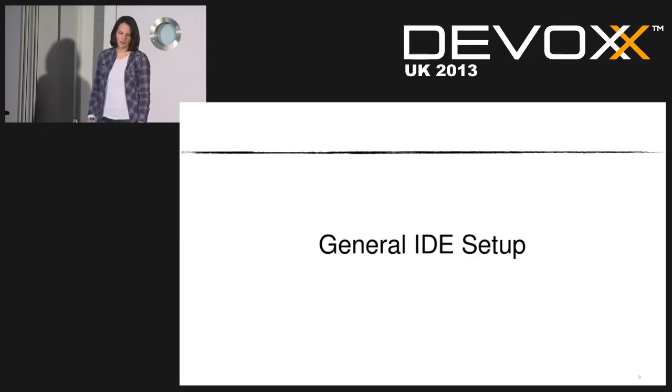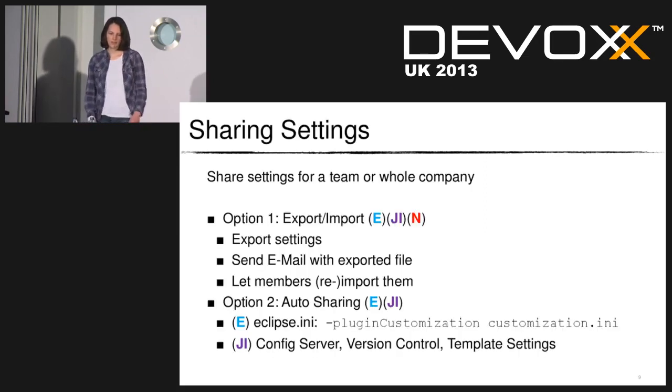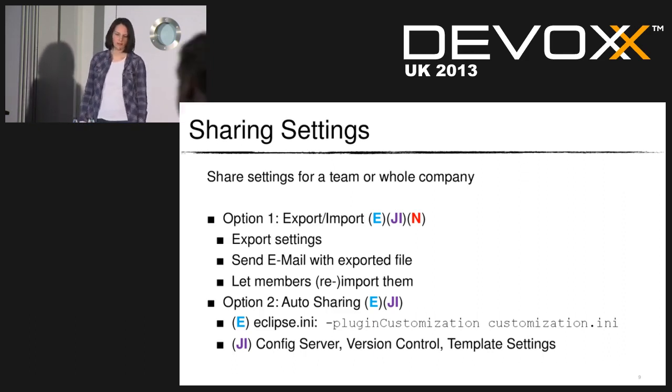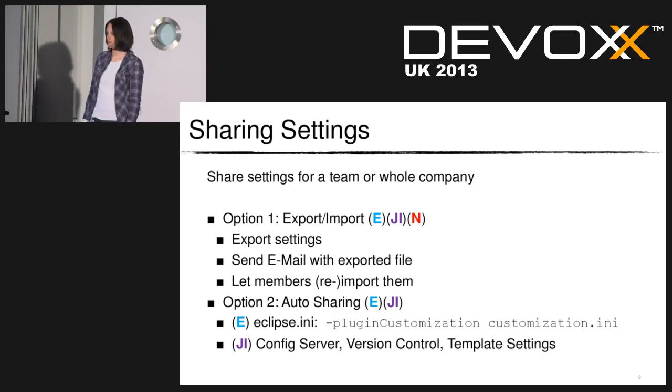Let's start with the general IDE stuff. The first thing we probably want to do is share our settings for the whole team or for the whole company. So if we have to adjust the settings, all the other team members get them too. There's one feature which is present in all the IDEs, which is export and import of the settings.